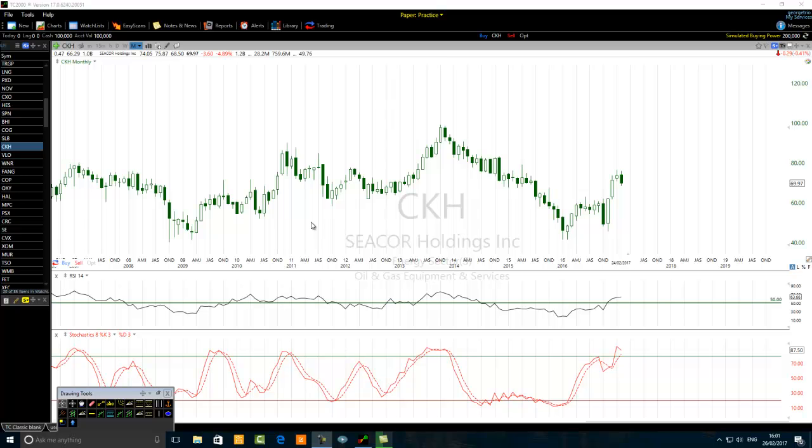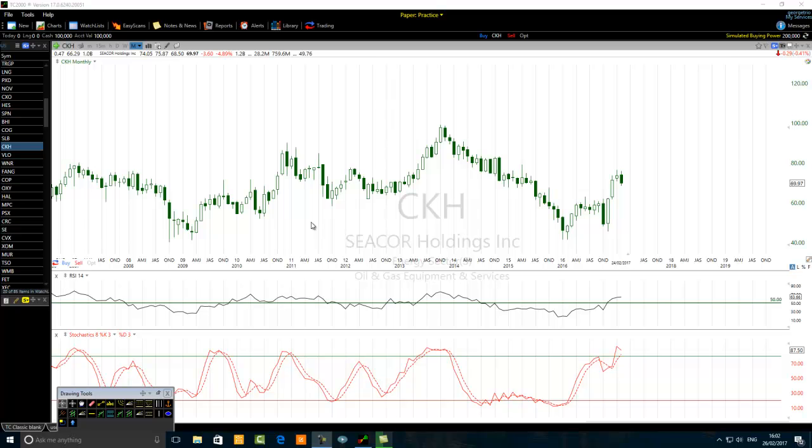And when the RSI is below 50, it's indicating to us that the financial instrument is bearish. So this is the ultimate role of the RSI indicator, apart from the overbought and oversold and the RSI divergence. The ultimate role of the RSI indicator is to identify bullish and bearish financial instruments.